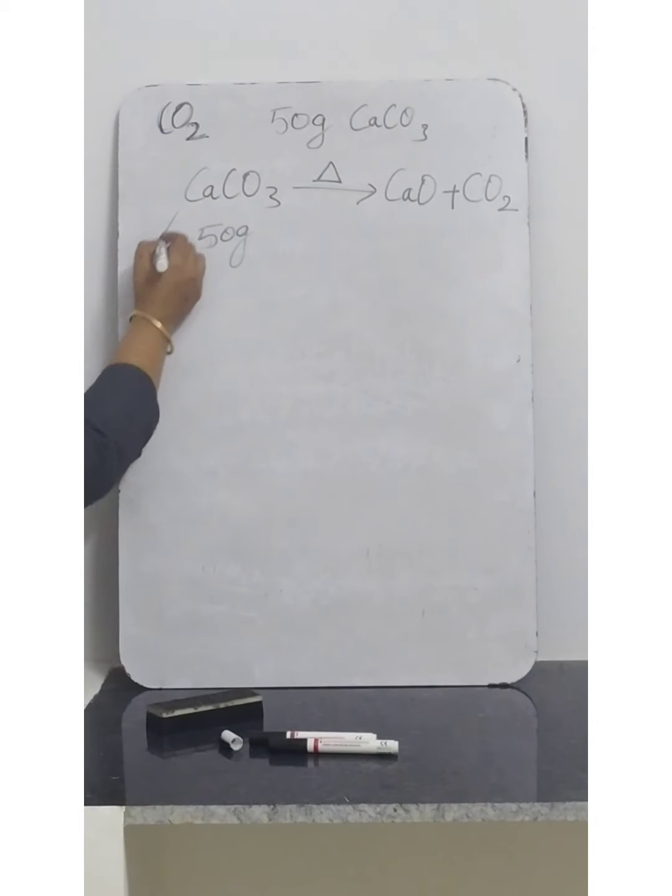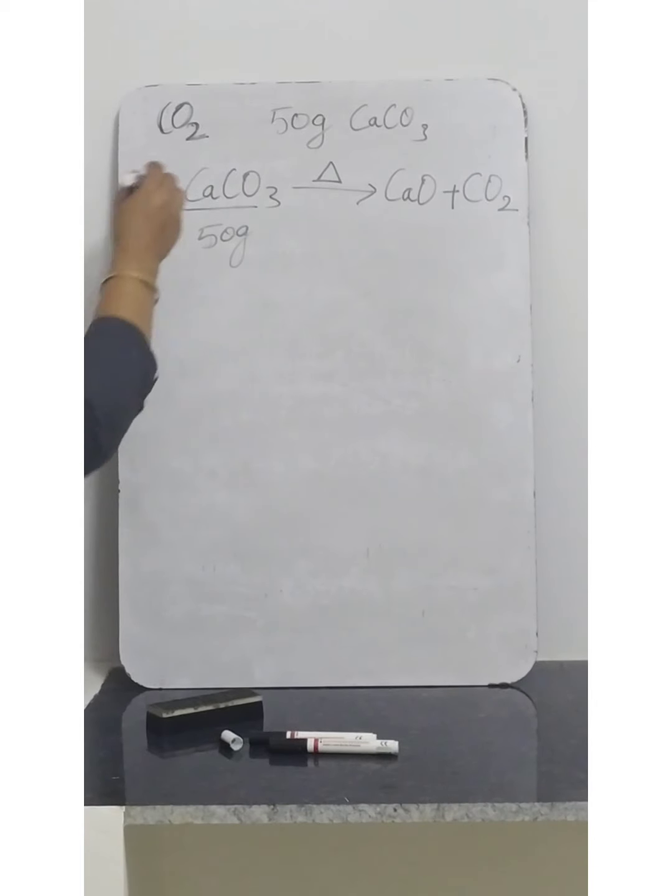Now we want to first calculate the molar mass of calcium carbonate. How many calcium is there in calcium carbonate? 1. What is the atomic number of calcium? 20.